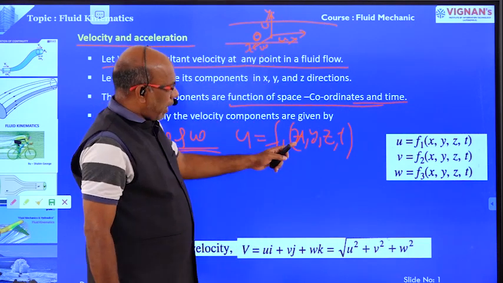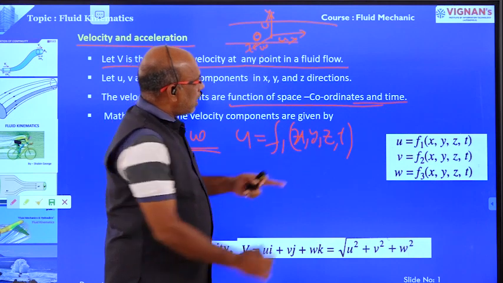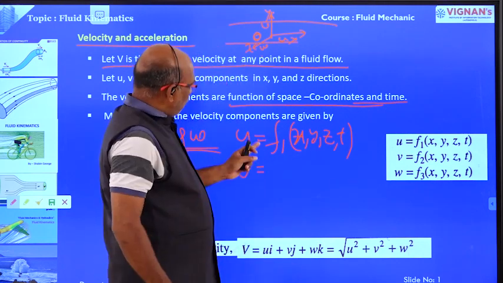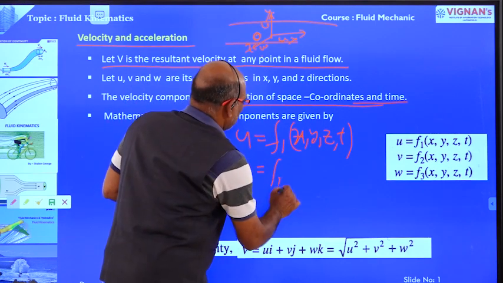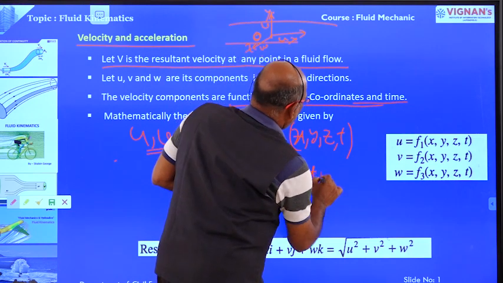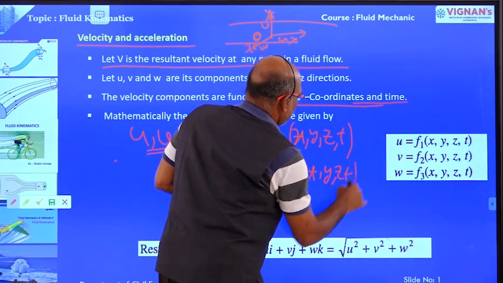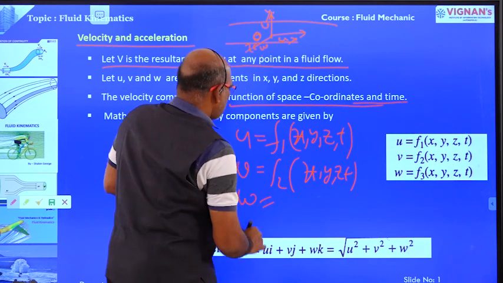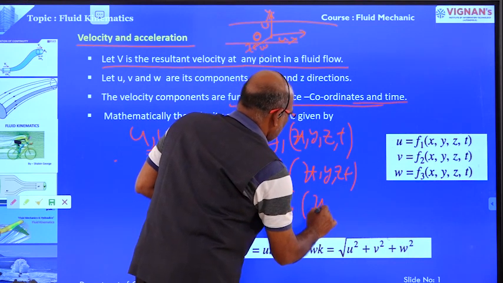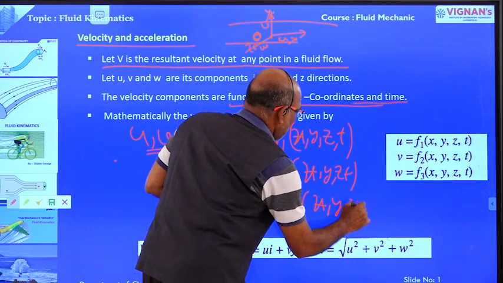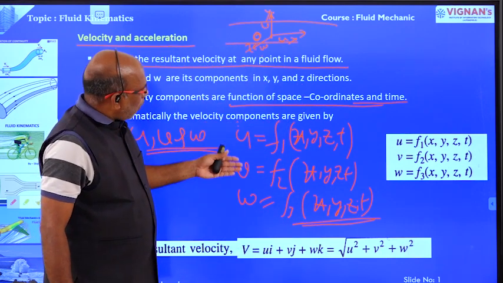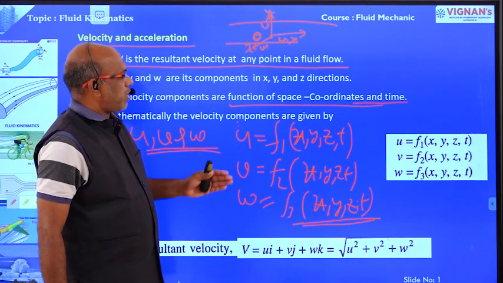Velocity v is also a function of x, y, z and t. And w, the velocity component in the z direction, is also a function of x, y, z and t. These are the velocity components in the x, y and z directions.